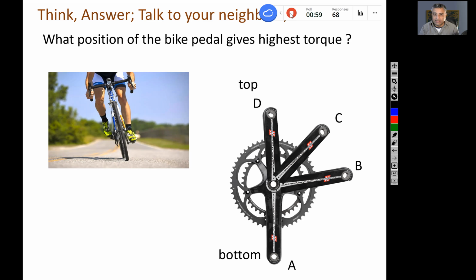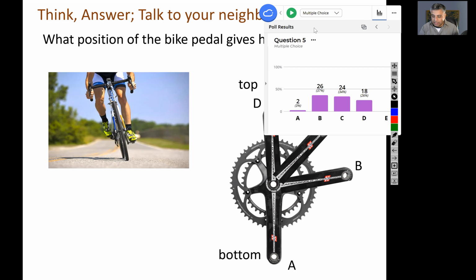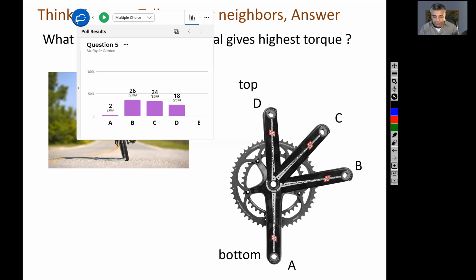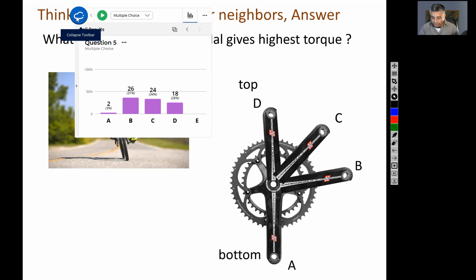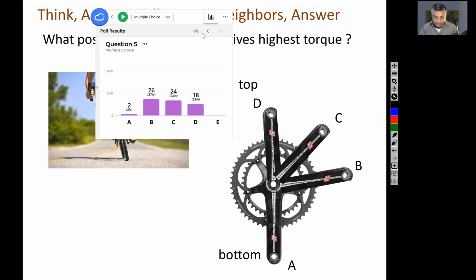And 5 more seconds. 5, 4, 3, 2, 1, and it stops. Okay, let's see what we got here. Interesting. B, C, and D as well. No A though. Okay, just 2%. So let's see. The correct answer is B in this case.